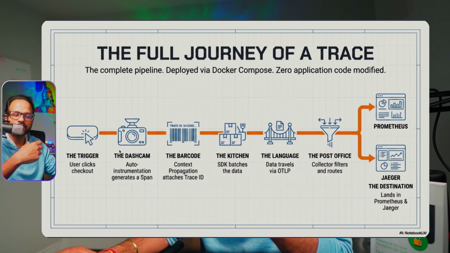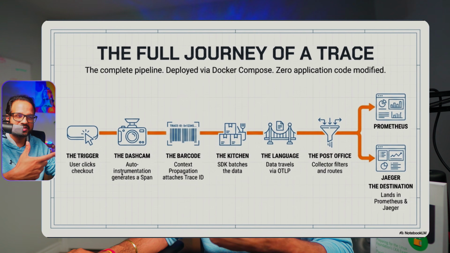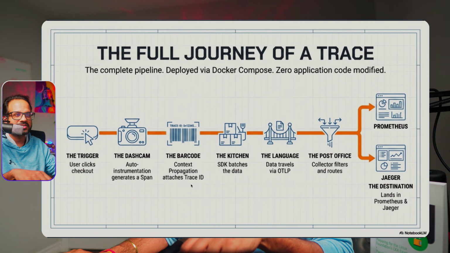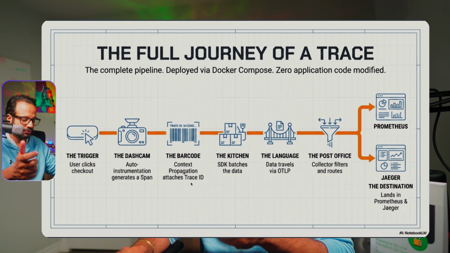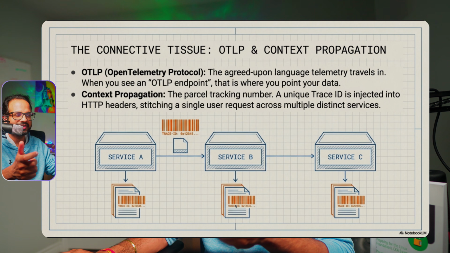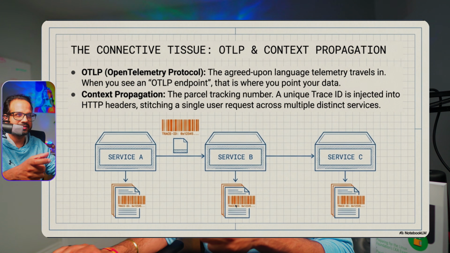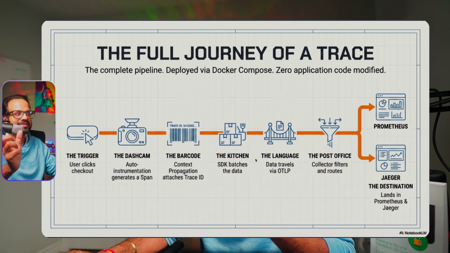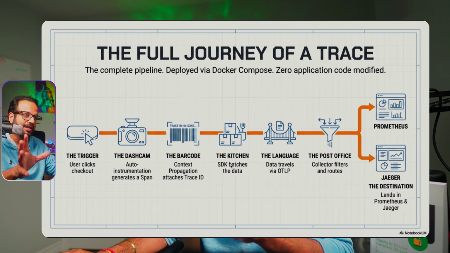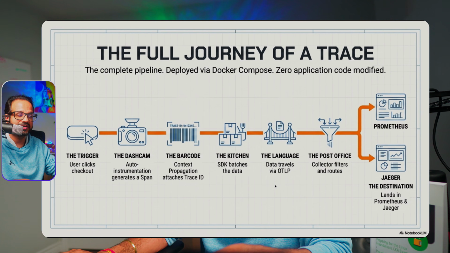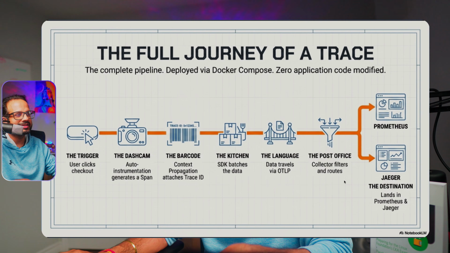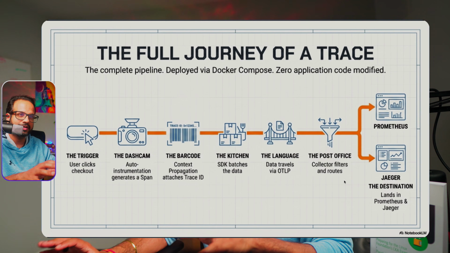Then we have auto instrumentation, which generates the span, which is again a component of OpenTelemetry. Then there is a barcode: context propagation attaches the trace ID. Remember in the previous slide, we looked at the trace ID attached to the particular trace. So this is what happens here. Then the SDK batches the data, and the data travels via OTLP, the OpenTelemetry protocol. Then the collector filters and routes the traffic to the particular backend.